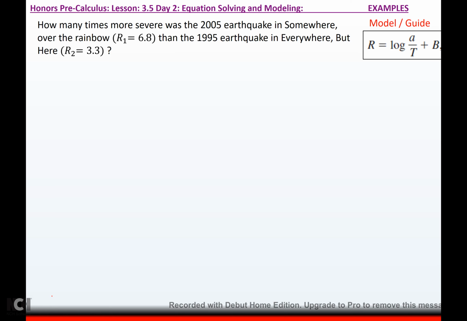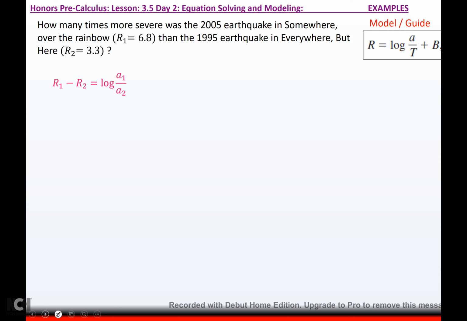It says, how many times more severe was the 2005 earthquake in somewhere over the rainbow, with a Richter scale of 6.8, than the 1995 earthquake in everywhere but here, where its Richter was 3.3? That's kind of cute. So all we have to do is set up our little formula.